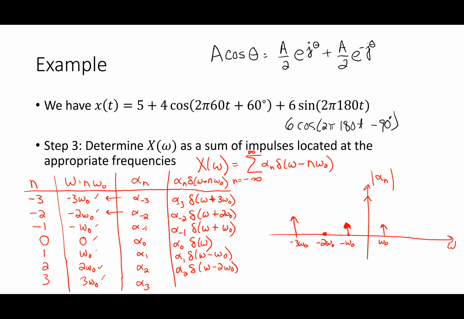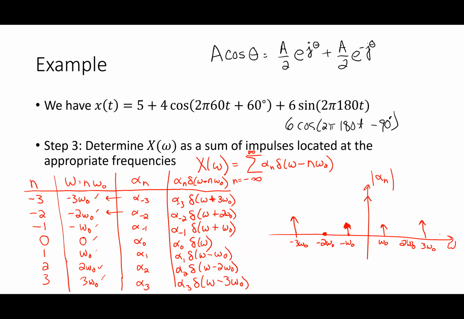That guy's going to be centered here, and of course he has no height because the alpha 2 value is 0. Then I have alpha 3 times delta of omega, not plus, but minus 3 omega naught. And that's going to be here. So this is 3 omega naught. So at that point, I've drawn the magnitude of that Fourier transform.